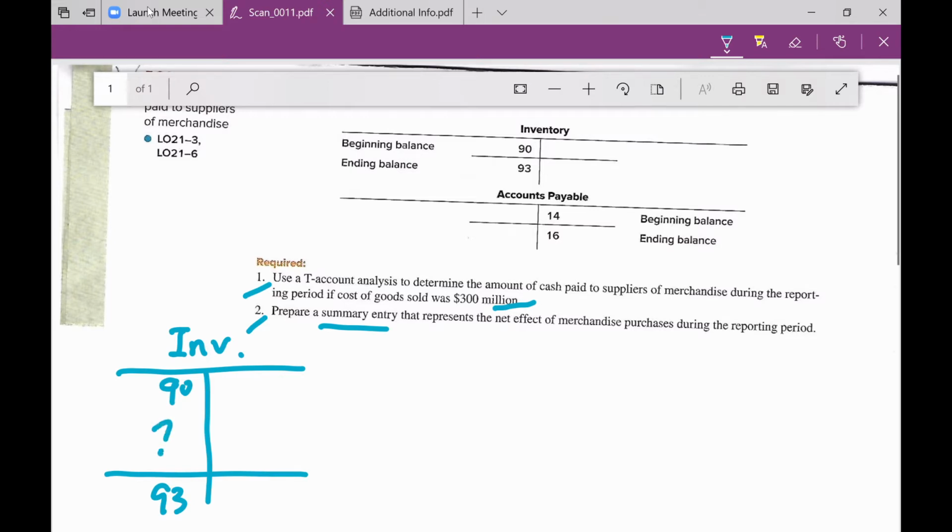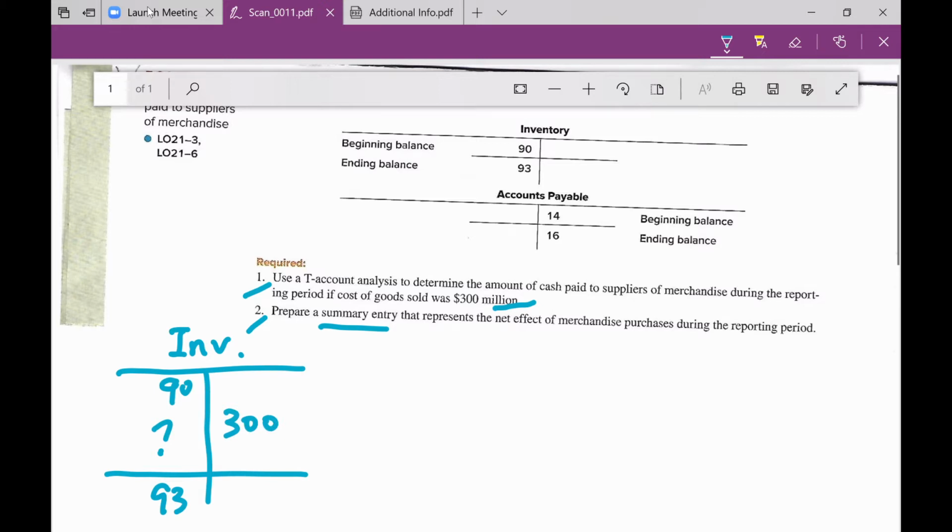But we don't know how much. What we do know is the cost of goods sold is 300. When you sold your merchandise, we debit cost of goods sold and credit inventory, so the total credit to this account should be 300.